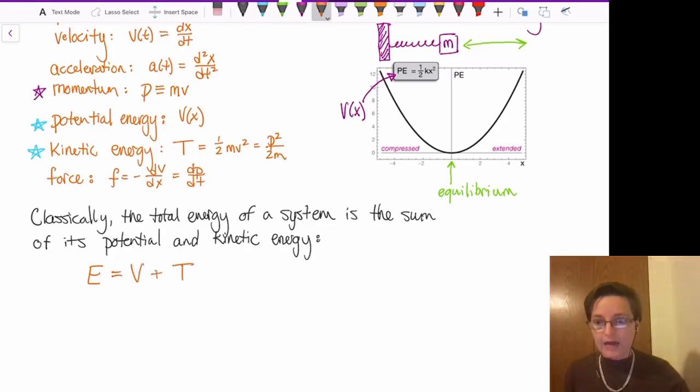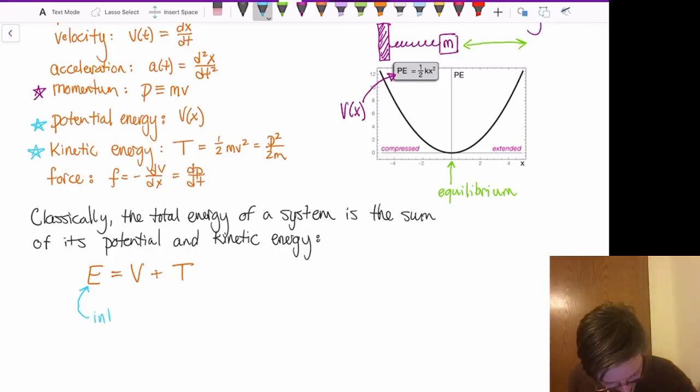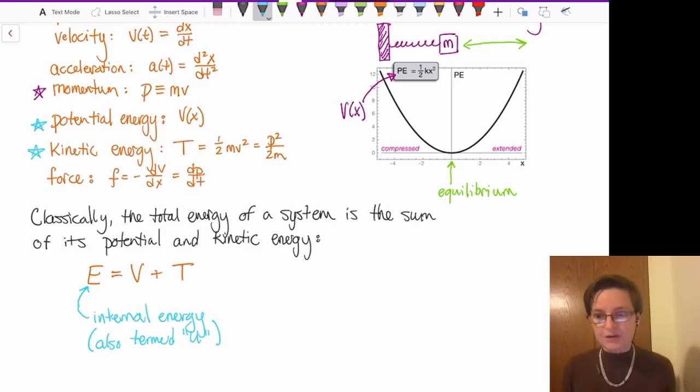To make the connection to your Chem 345 class explicit, even though in this class we're going to use the capital letter E to describe this internal energy, in Chem 345 you frequently used U to describe this energy.